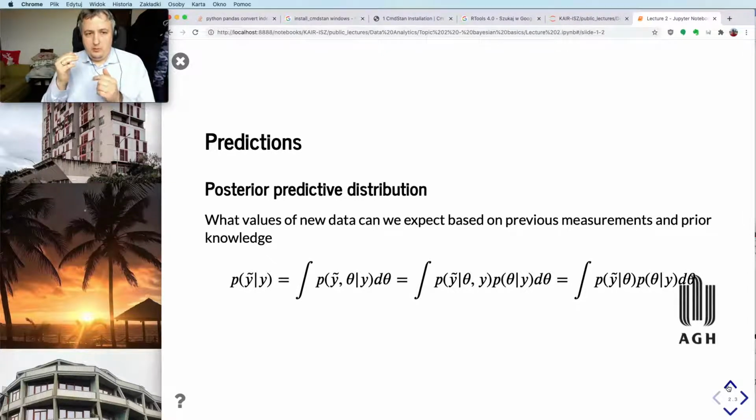So prior and posterior predictive distributions give us the information how to generate possible values of measurements, either not seeing any measurements before, just basing on our knowledge, or how the obtained measurements give us the predictions of future values.